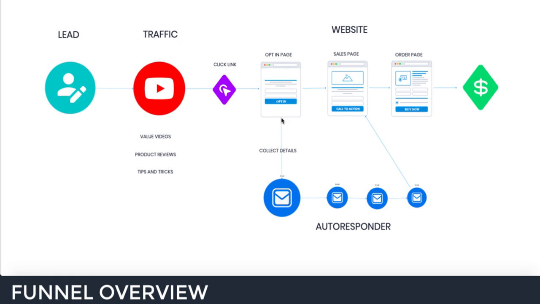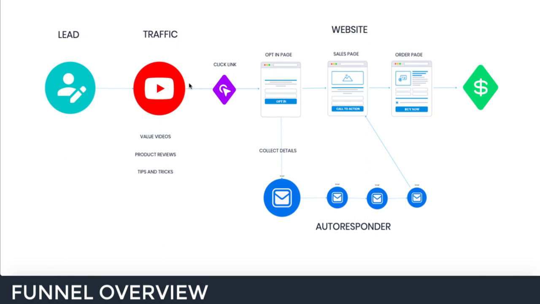They go off to the opt-in page, they'll opt into my email responder, then they go off to the sales page, and then they'll actually go off to an order page where they can go ahead and purchase the product, or in one of the products I actually have, there's a free product that they can go ahead and opt into, and it provides the first 12 steps to starting a business online, which is a really good product.